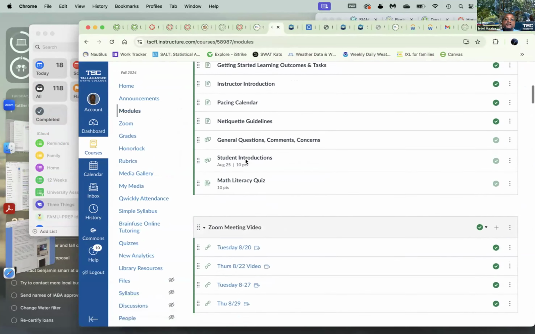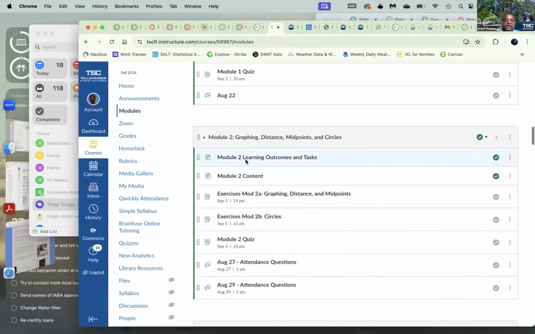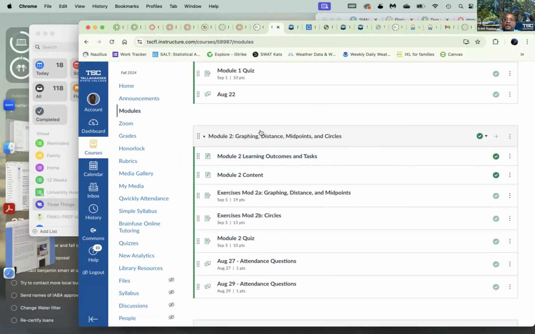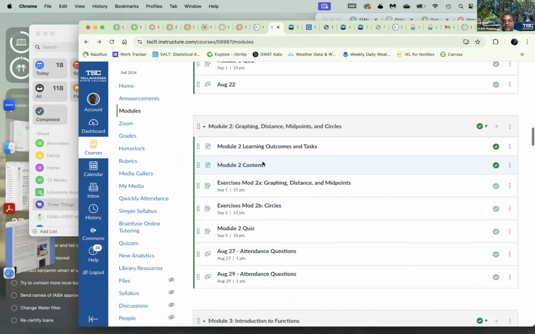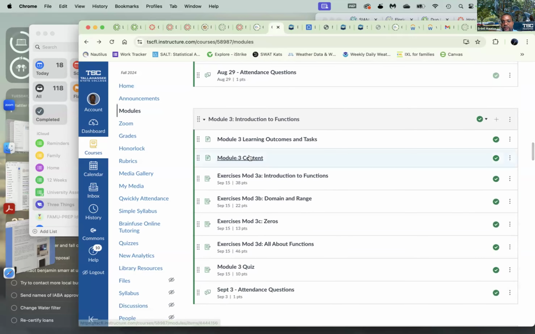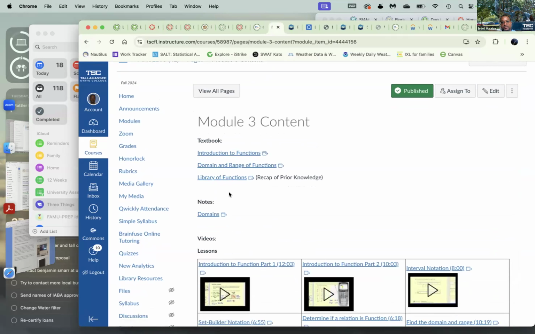All right, so first things first, let's go ahead and align ourselves and our minds. We are finishing up module 2. I went through most of the content on circles, but we have one last issue that I need to take care of with circles. After that, we'll be moving into module 3, and we're doing mainly functions.